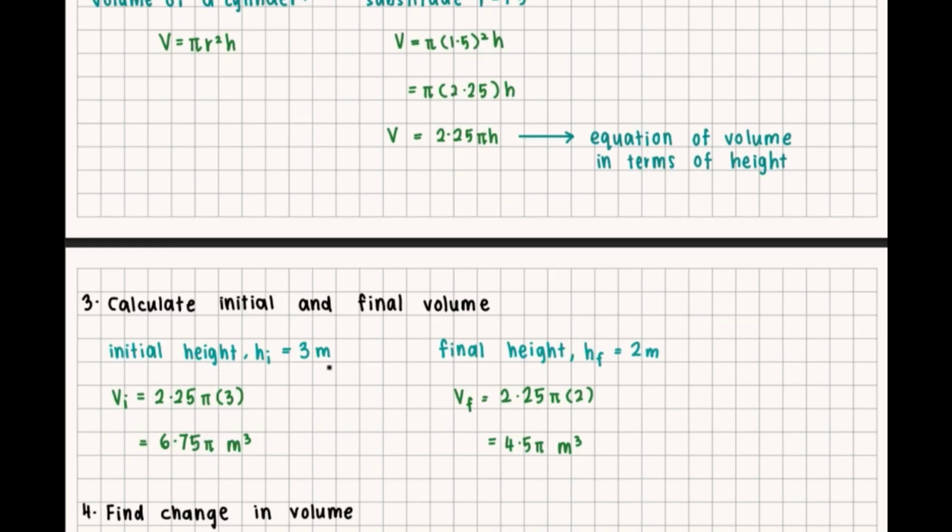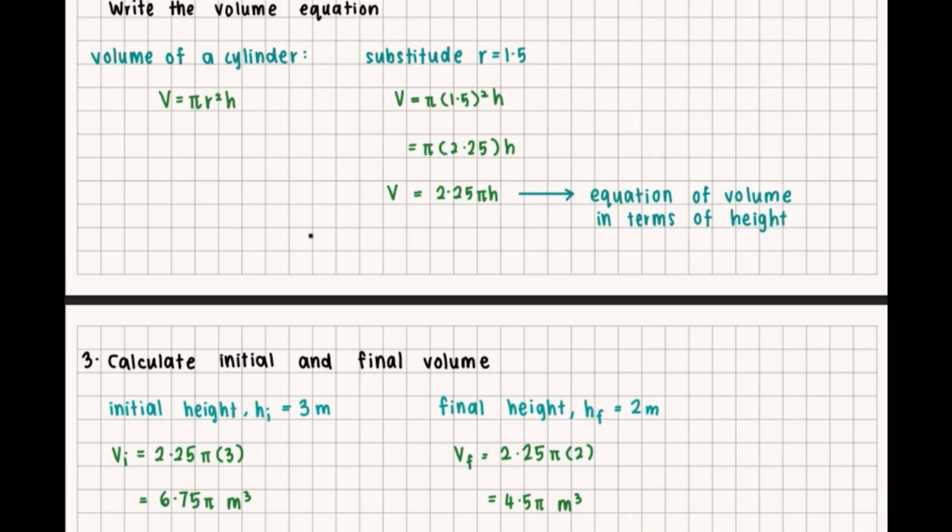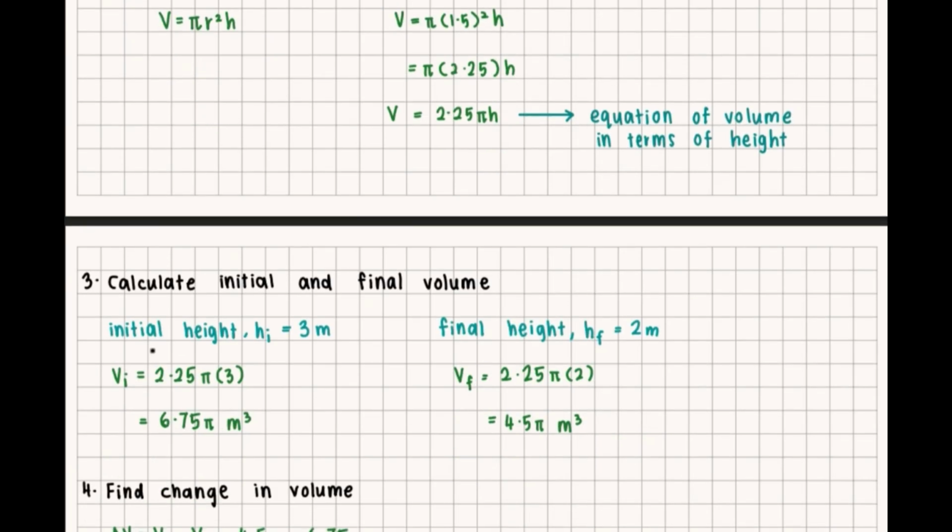Before you can find the dV over dt, first you need to find the change of V. Before you get the result, you need to find the initial height. We need to find V initial and V final from what has been given just now. They have given us the initial height equal to 3 meters.